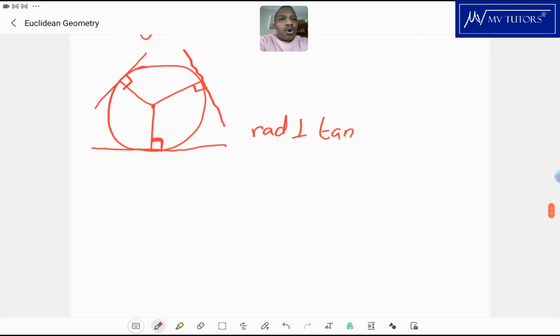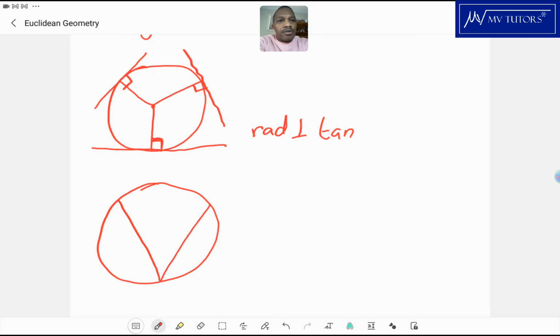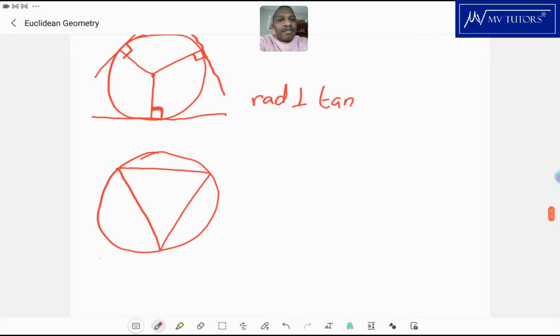Now, the other law that has to do with a tangent is this one. Check this one out. If you have a circle and inside the circle you have a triangle touching all points of the circle, the circumference, and I have a tangent here. You need to pay attention to this one because it's about to get dicey. First of all, it's called the tangent chord theorem.